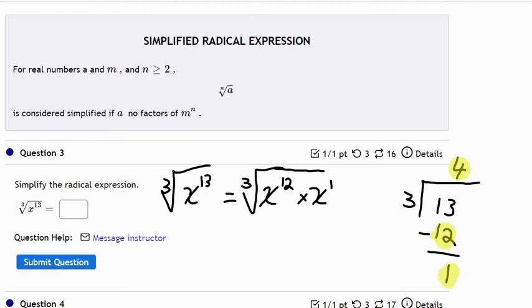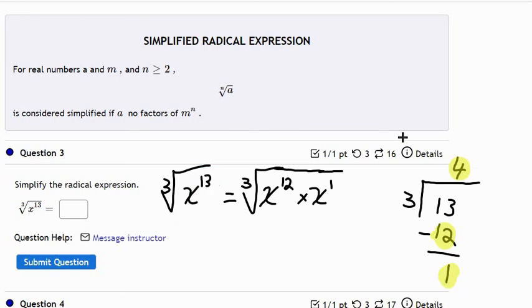Where did the 12 and the 1 come from? Well, 1 was the remainder, and 12 was what I got when I multiplied 4 by 3, and the significance of that is that 1 plus 12 equals 13. That'll always be the case. These two have to add up to this one because this was a subtraction problem. So we know that this product should equal x to the 13th.